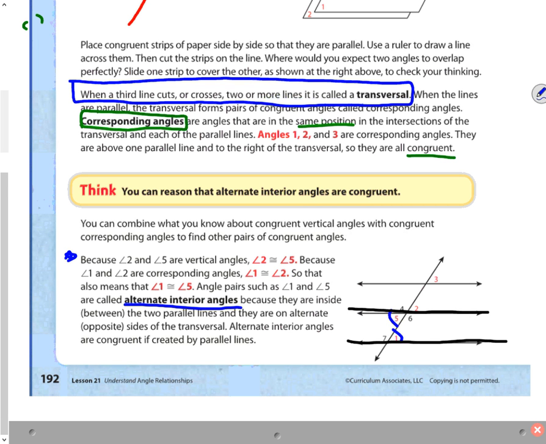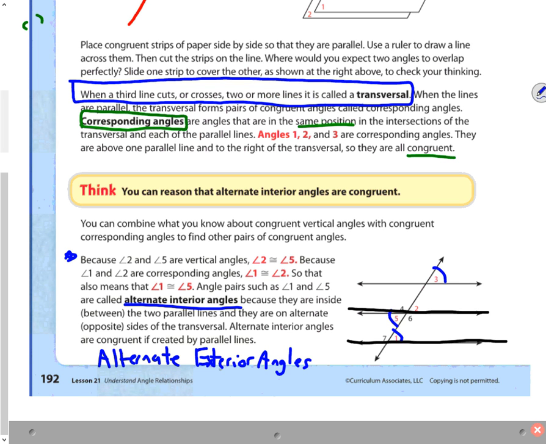Now, we don't have it in here, but there's also another type of angle called alternate exterior. And I'm going to have you note this. Alternate exterior angles are also exterior angles. And one example of that would be angle 5 and angle 3.